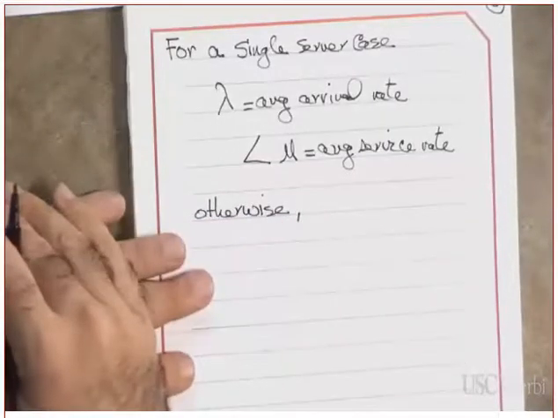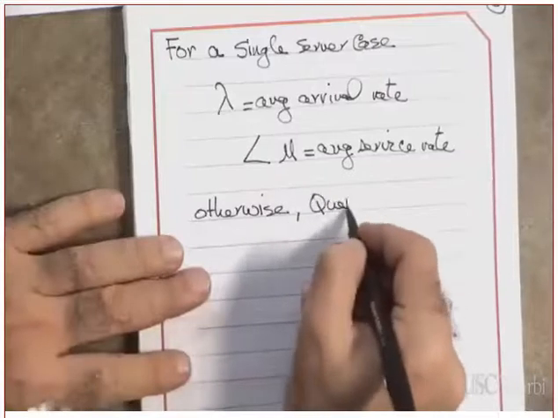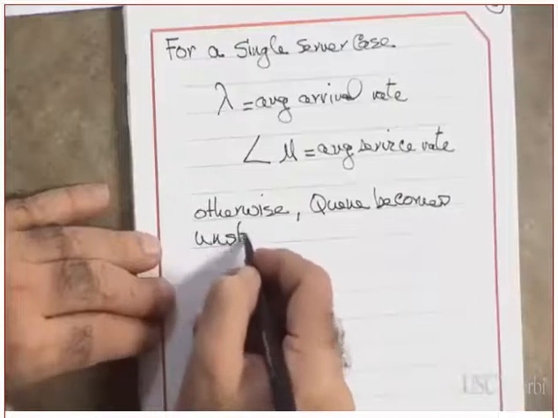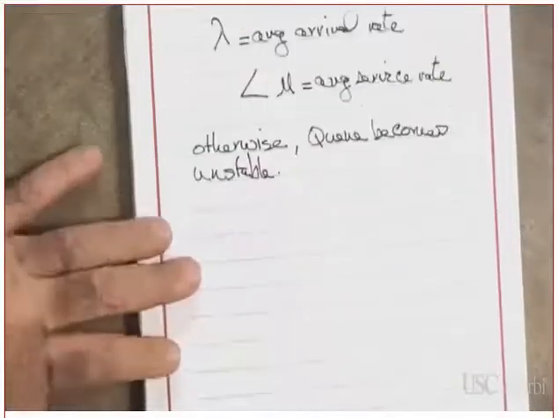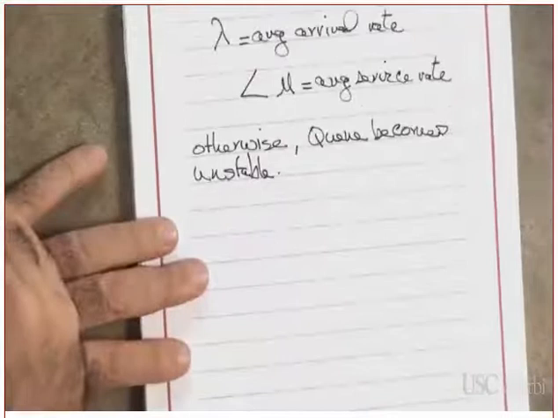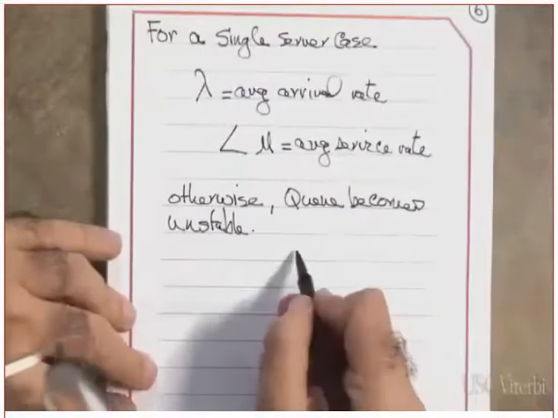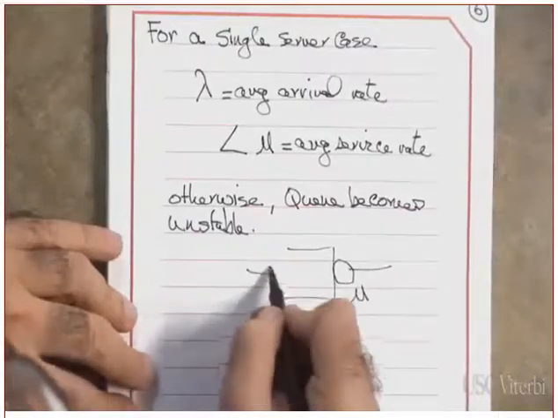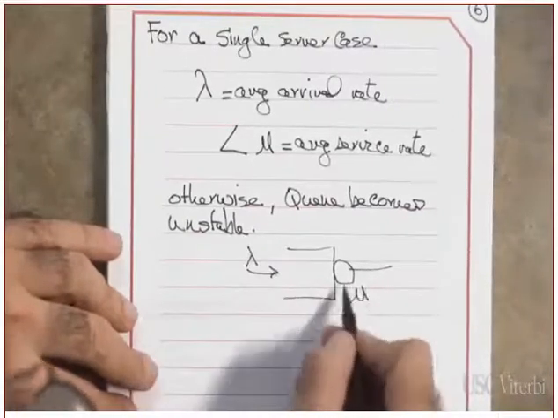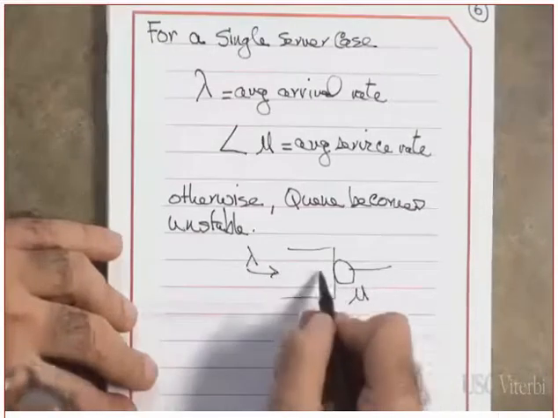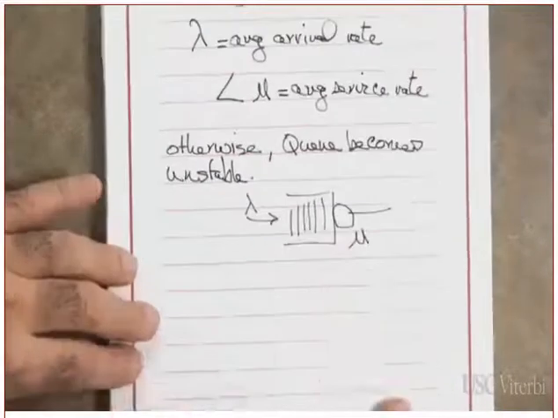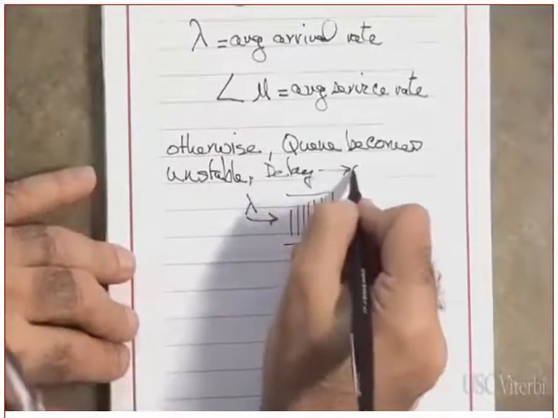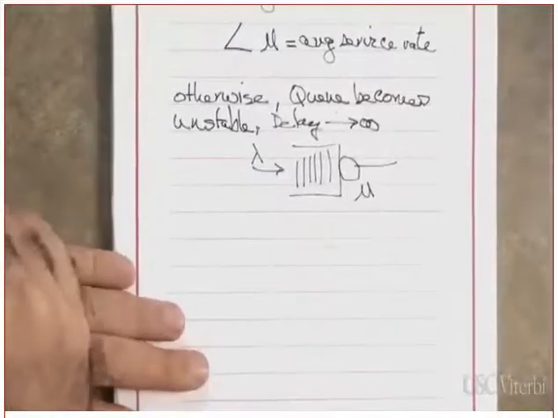The queue becomes unstable. This is the server, and this is the arrival. If lambda exceeds mu, the packets will begin to pile up. The queue becomes unstable, which means delay goes to infinity. Clear so far?